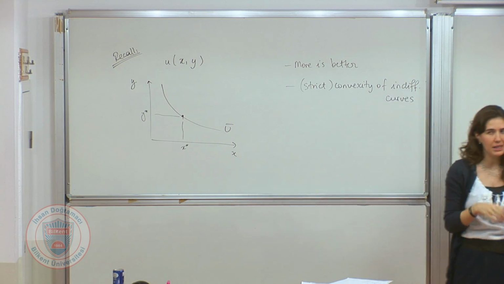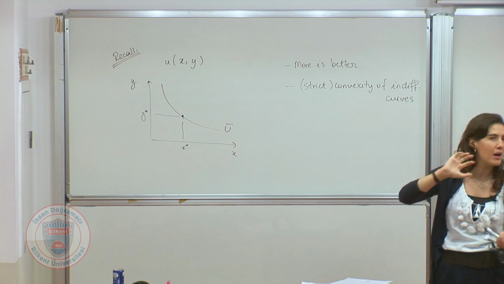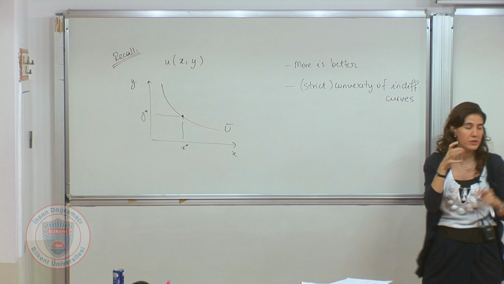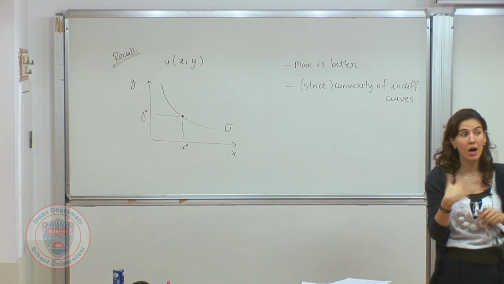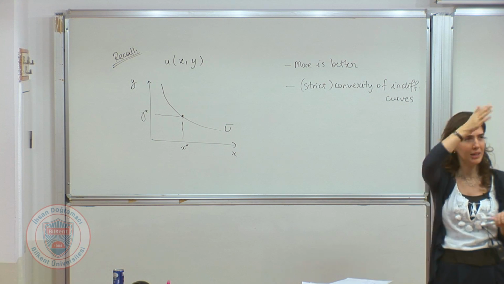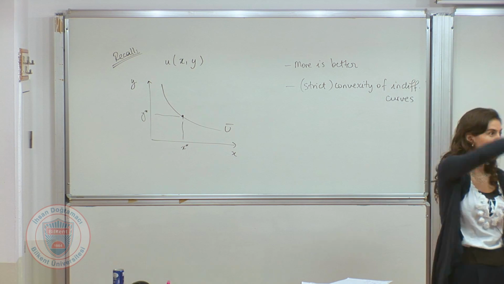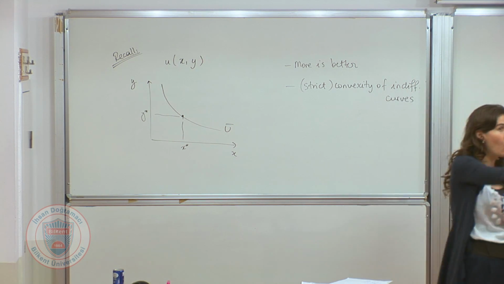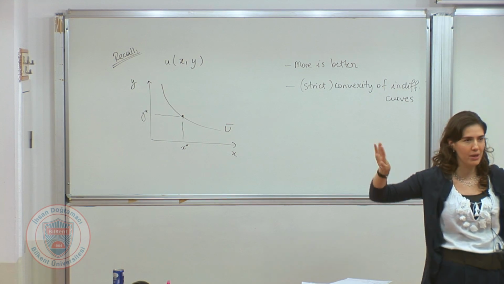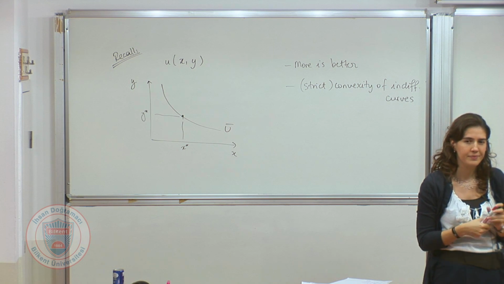But if we have this convexity of indifference curves, what does this tell us about our utility function, which could be like a dome, or a cone, or a pinched cone?